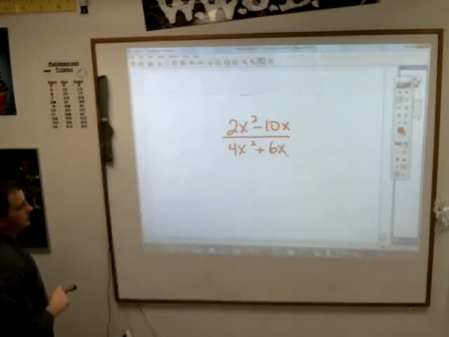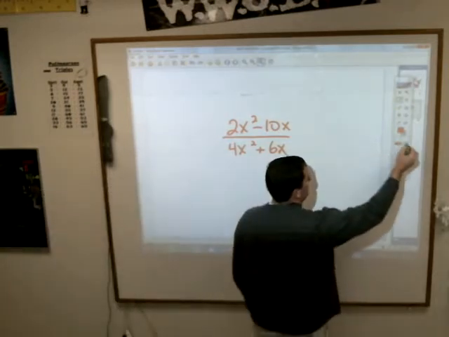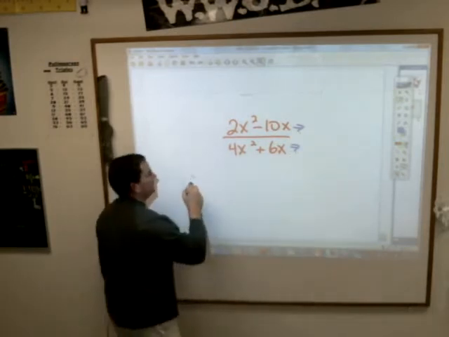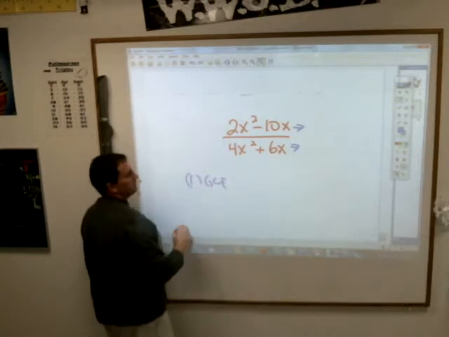Now I think we've got some stuff that we can find. And the first thing you want to do with this is, like we said in step number 1, find the greatest common factor of both the top and the bottom and see what happens.